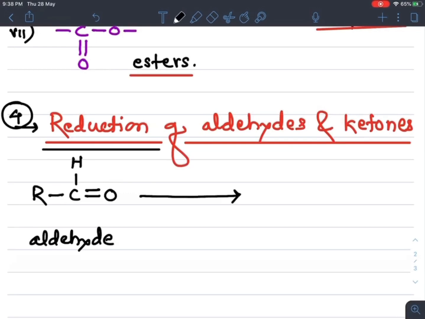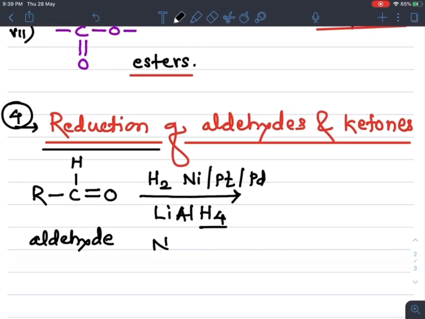To help the reduction, different reducing agents are there. If hydrogen gas is added, then finely powdered nickel, platinum, or palladium catalysts are used. If lithium aluminum hydride is used as a reducing agent, then it supplies the hydride ion and undergoes reduction, as well as sodium borohydride NaBH4 is also used as a reducing agent.